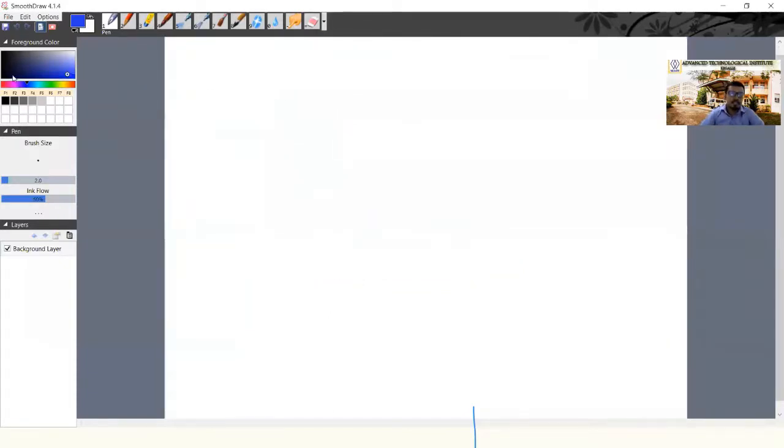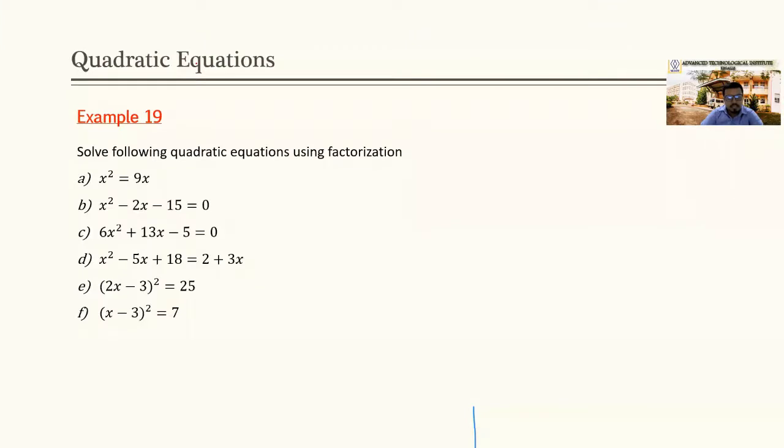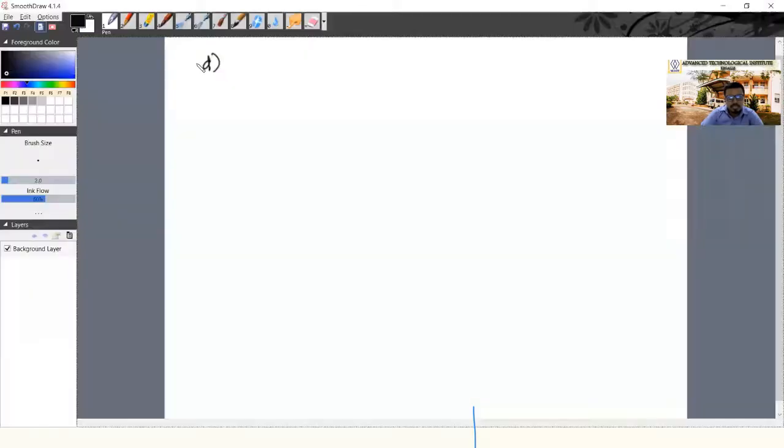D. X squared minus 5x plus 18, not 13, 18, equals 2 plus 3x.